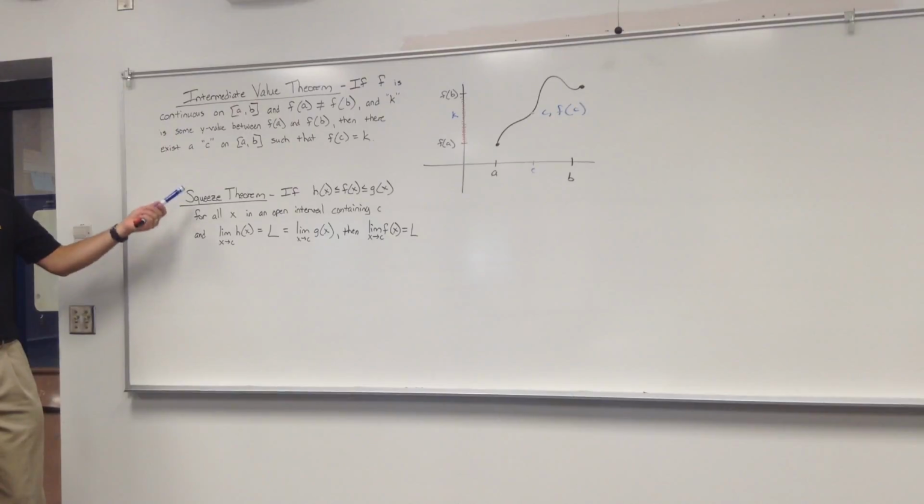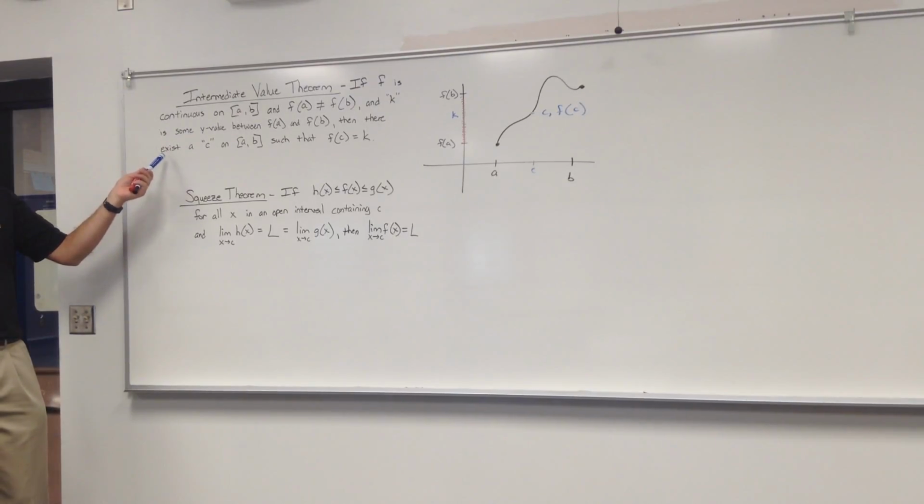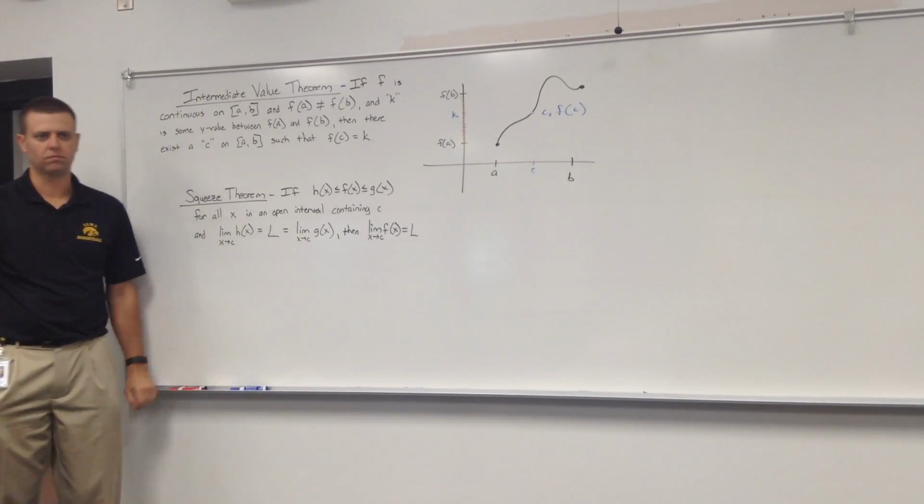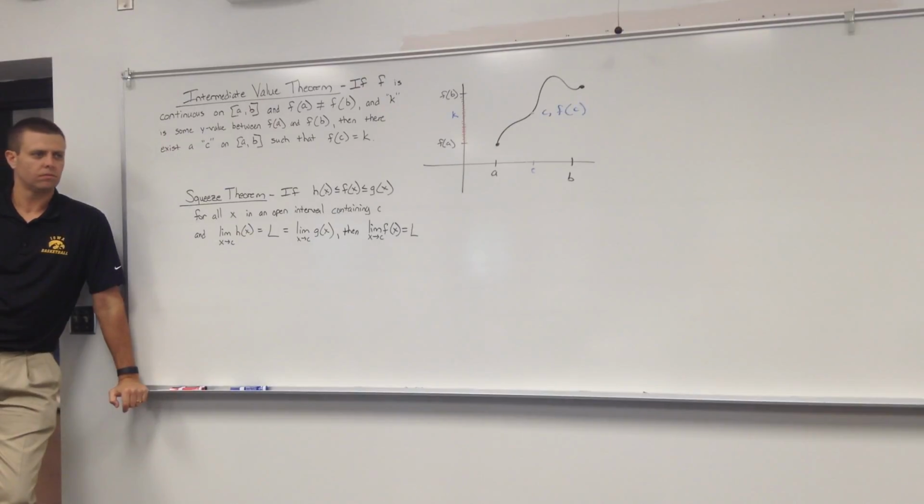Okay? That's kind of confusing. If you had to put the intermediate value theorem in your own words, how might you try and do that? F of c is this.